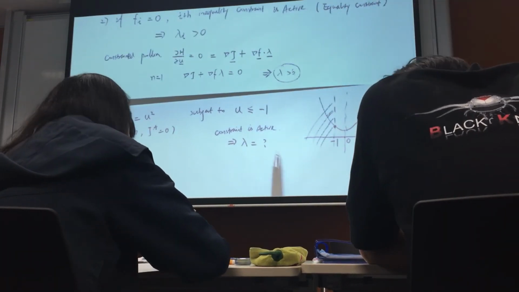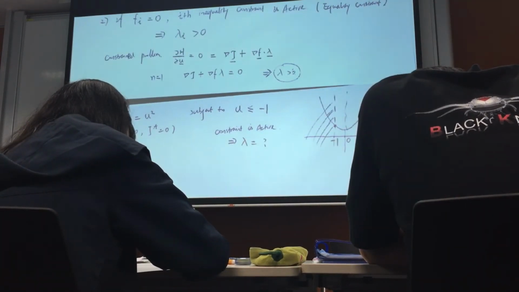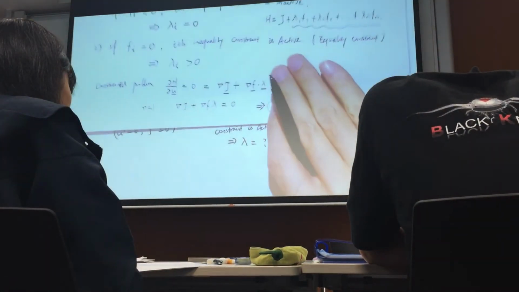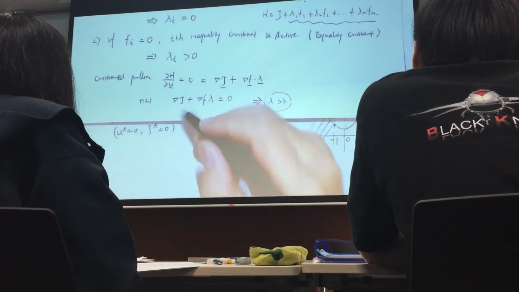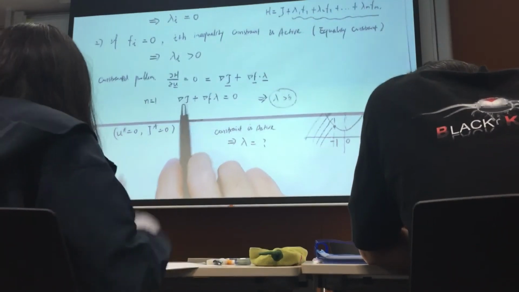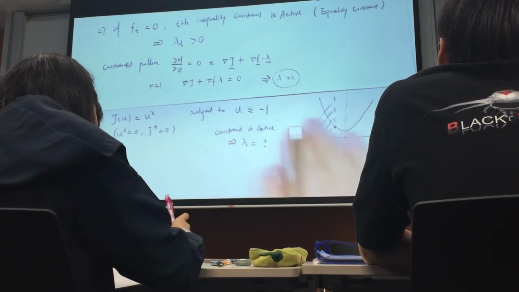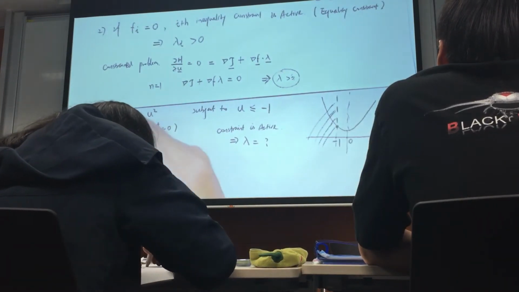So to decide this is very simple. In this equation, we know we need to calculate delta J and delta F. All these are scalar, so it's very simple.